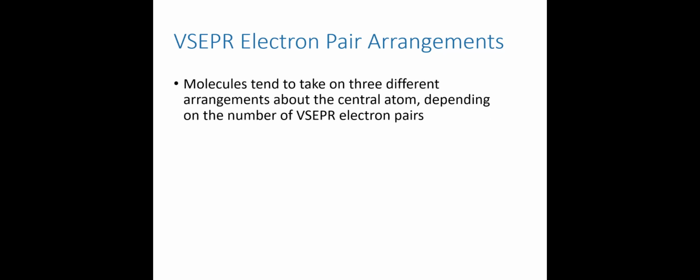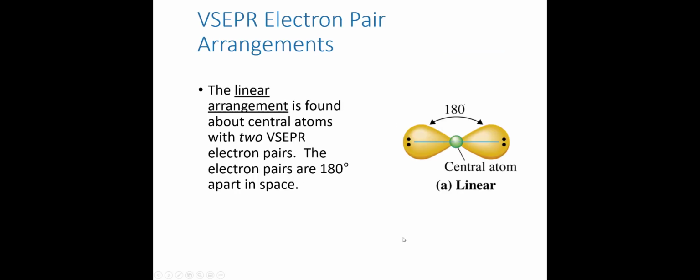So I first want to start by looking at these electron pair arrangements. So we can get 3 different arrangements around the central atom, and that just depends on the number of these different electron pairs. First, we can have a central atom bonded to 2 electron pairs.